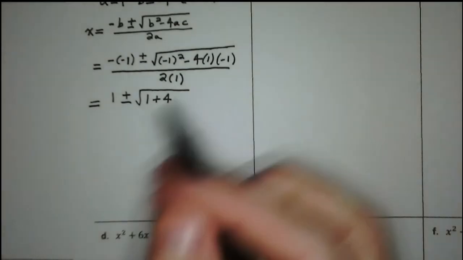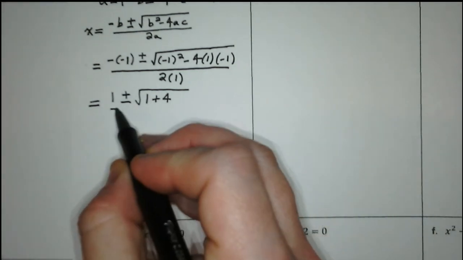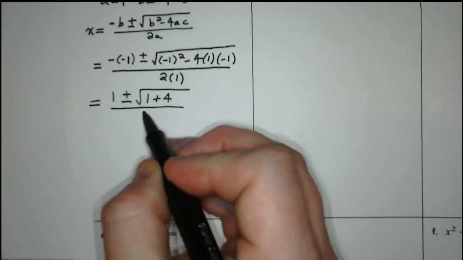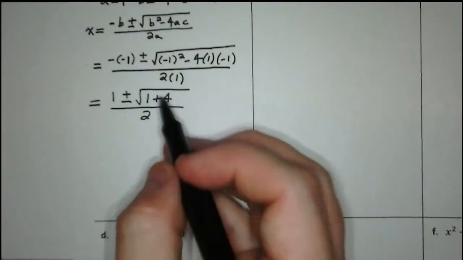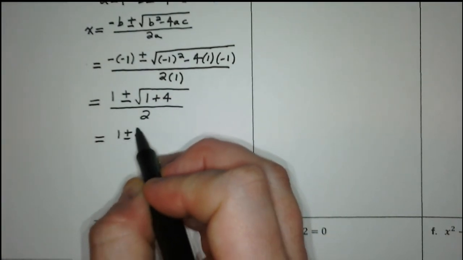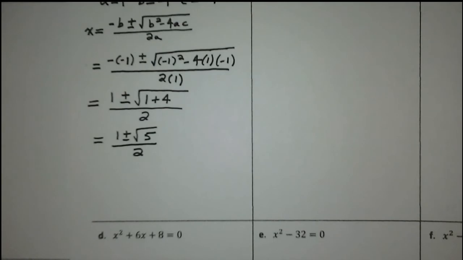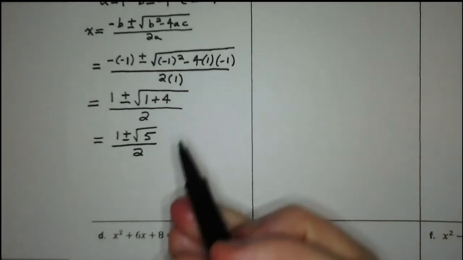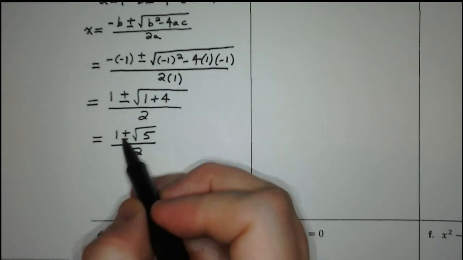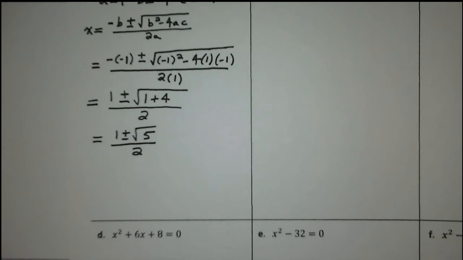I think that's how you should play that. It's a negative 4 times that times that. All over 2 times 1 is 2. Now, 1 plus 4 is 5.